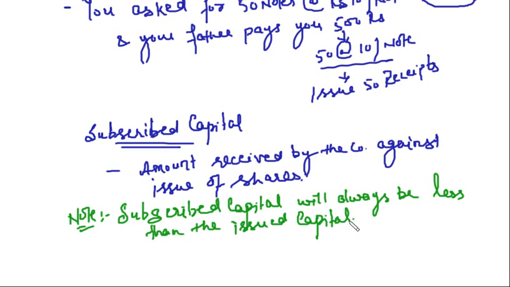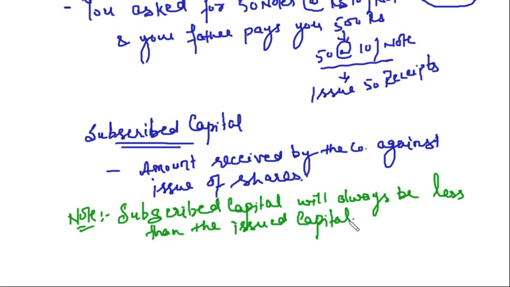Clear, friends? So this way we talk of share capital. Share capital is divided into three parts: authorized capital, issued capital, and subscribed capital. Authorized capital is the maximum capital that can be raised by the company through issue of shares.